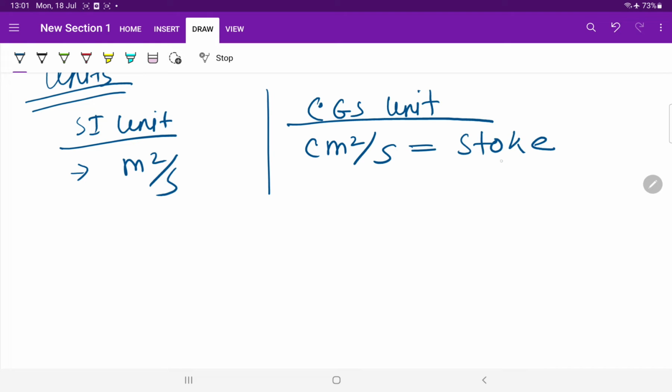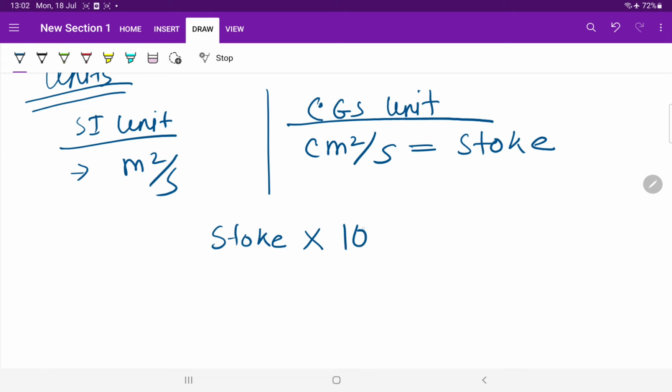Now how can you convert from Stoke to SI? Well, it is centimeter square per second, and you have to convert it into meter square per second, right? Centimeter to meter, if you convert, it will be 1 by 100, that is 10 to the power minus 2. Similarly, for centimeter square to meter square, it will be 10 to the power minus 4.